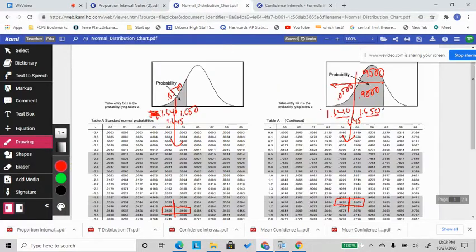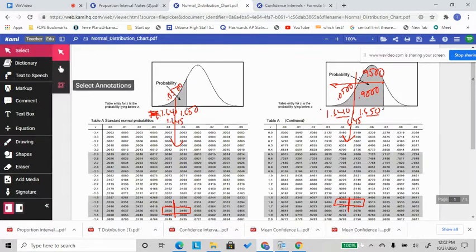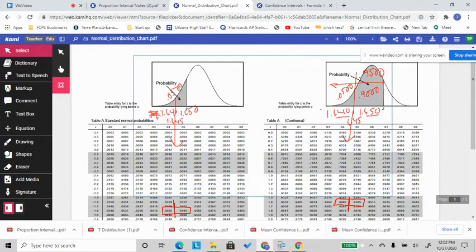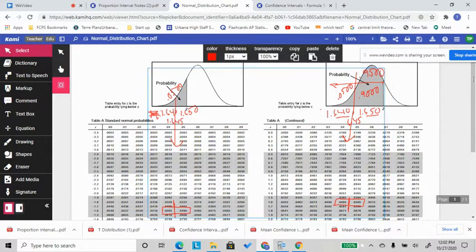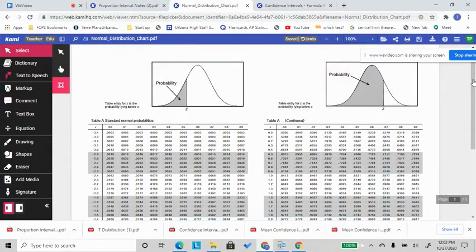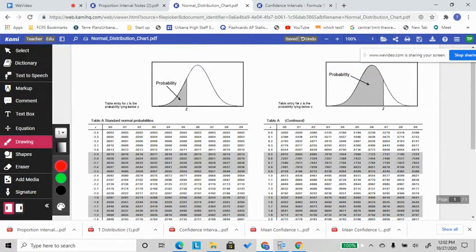So I go to my normal distribution chart. All right, so this was the middle 95%. That was 250, because this was 250 over here. So I can either look up 9750, or I can look up 250 here.